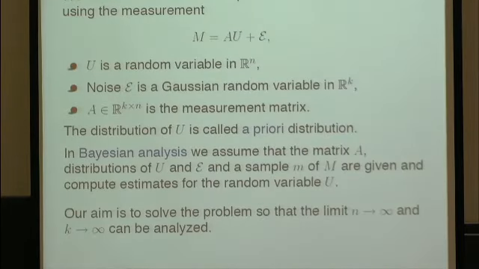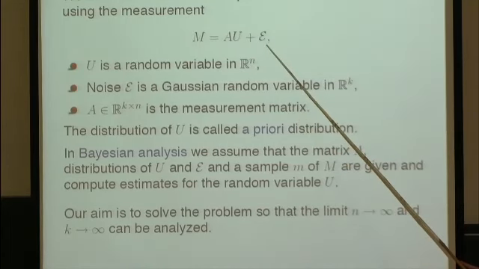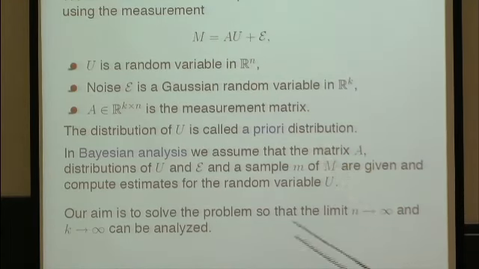And how do we do this reconstruction? We used a Bayesian approach, so let me shortly recall the basic methods. We have a random variable u here, that is the attenuation. Then we have a linear operator A. We add noise and get a measurement. And I use these notations throughout the talk.